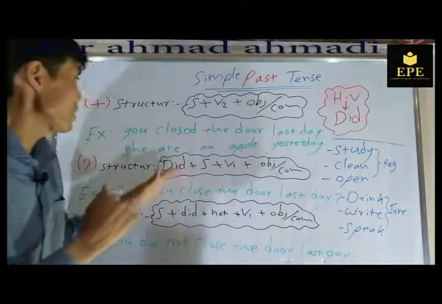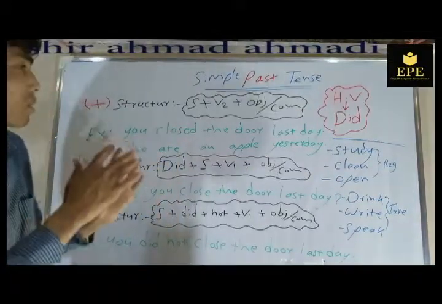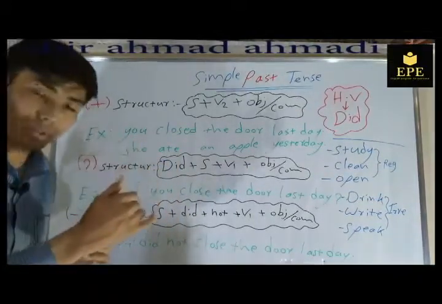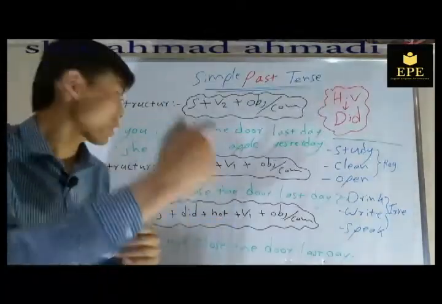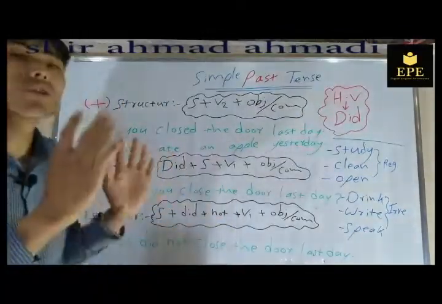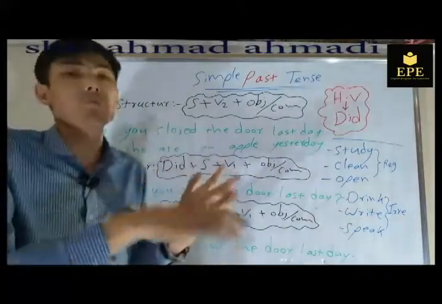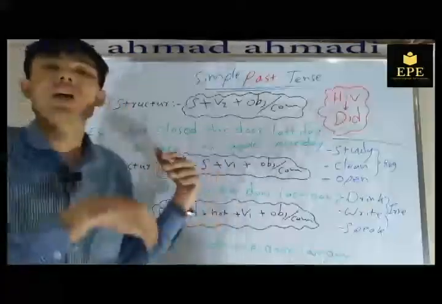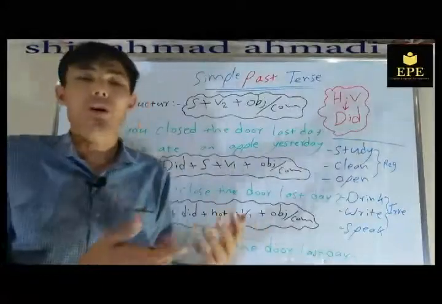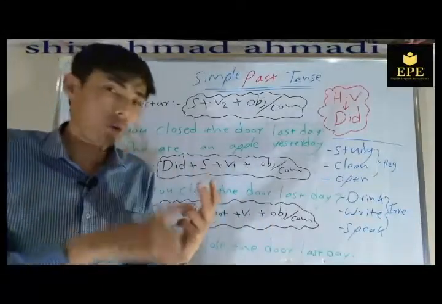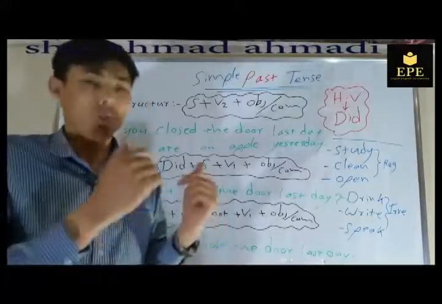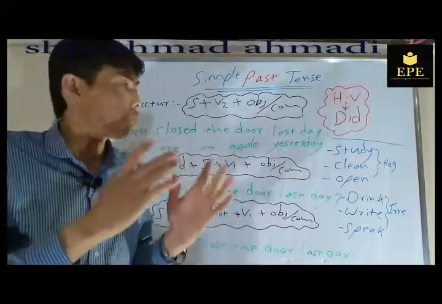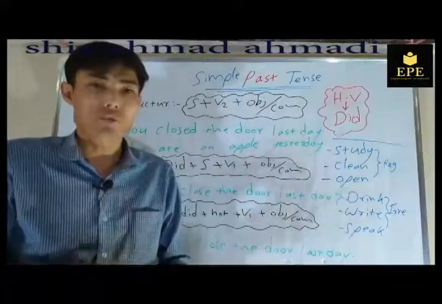With closed, the second form and third form are the same, but this one is totally different. The first form, second form, and third form: eat, ate, eaten. Or write, wrote, written. Rise, rose, risen. I'll give you some words at the end of this video.